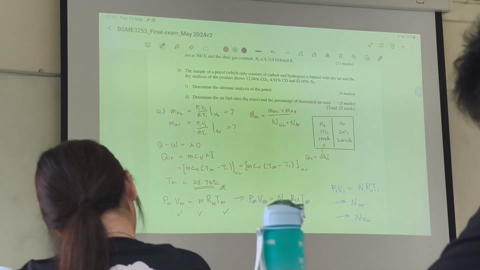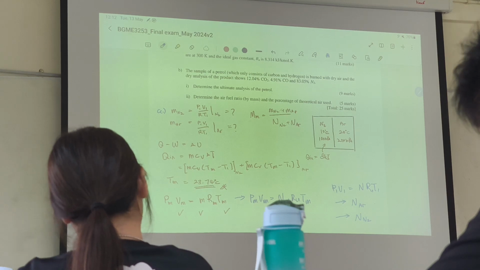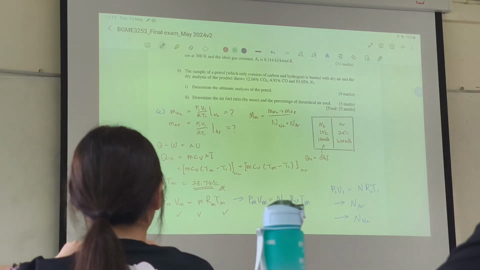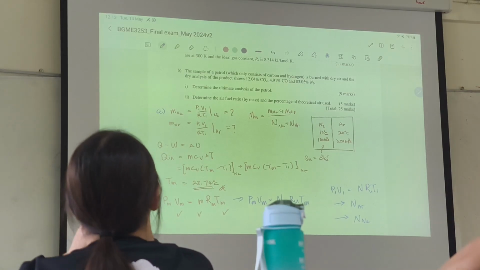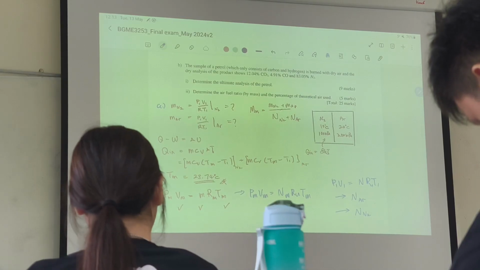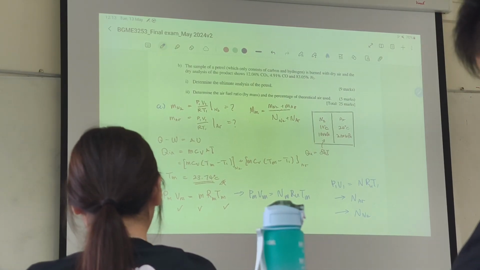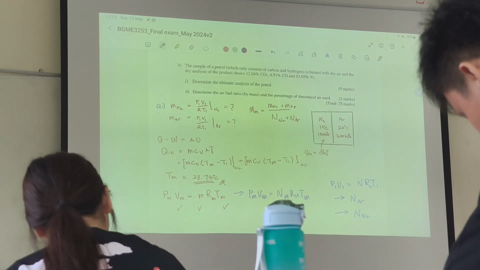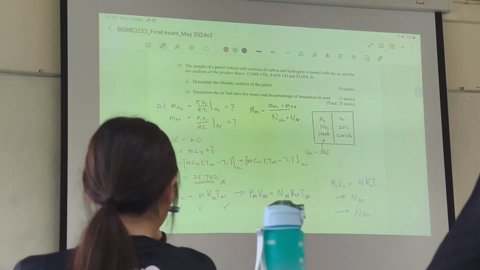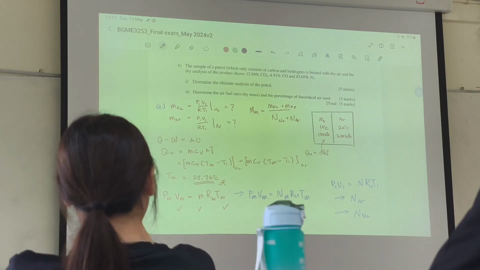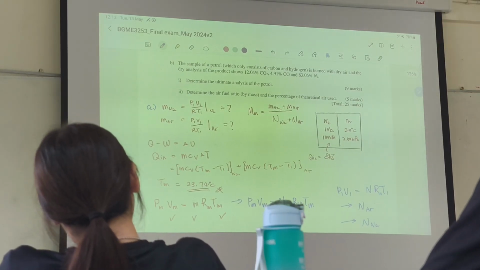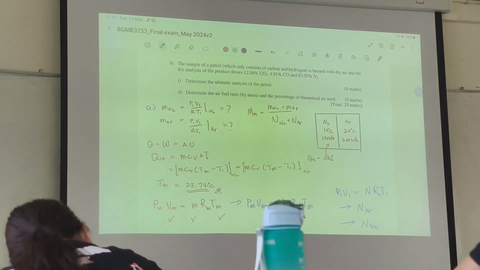The CV bar is based on mole, not mass. So we are left with B. Okay, so does everyone understand what we are doing here?